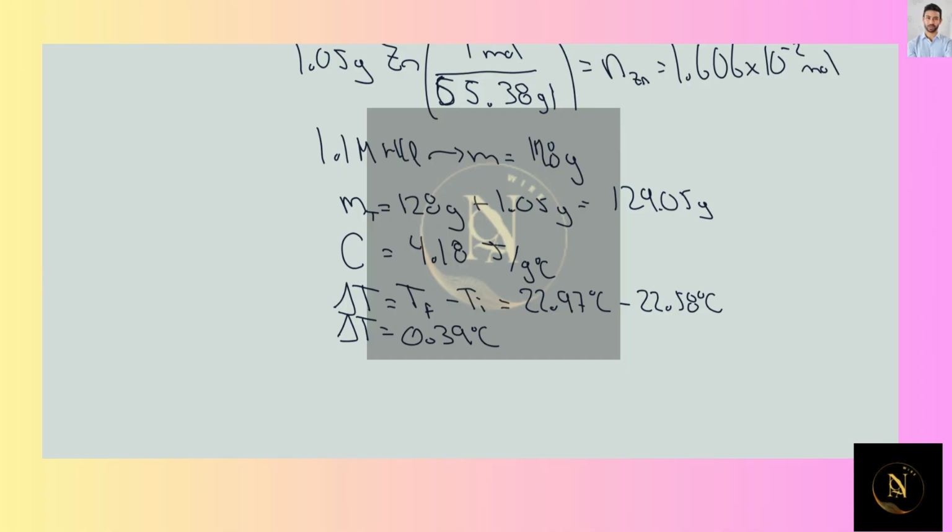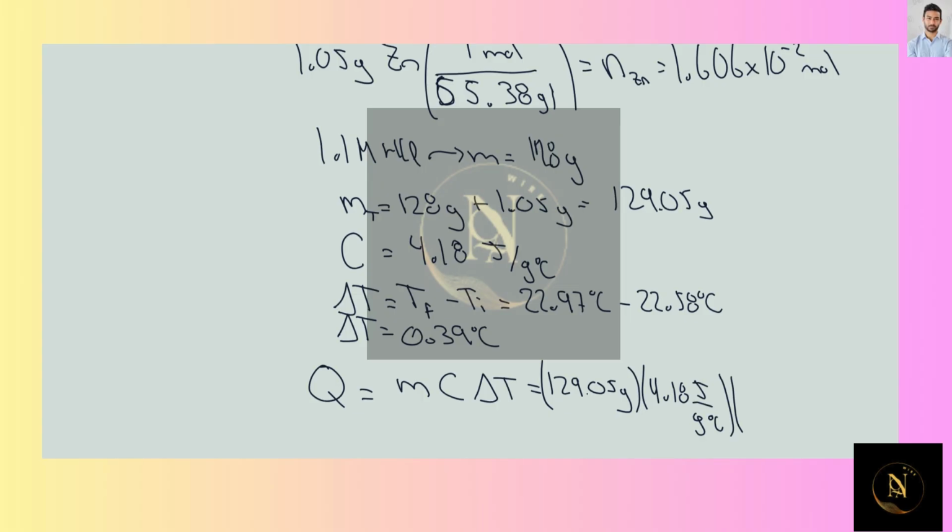So both of them are equivalent just in this case. In any other thermodynamics problem, always convert to Kelvin. Now, the amount of heat transferred due to this reaction is going to be equal to mass times heat capacity times delta T. The mass is 129.05 grams times my heat capacity, 4.18 joules per gram degree Celsius, times delta T, that is 0.39 degrees Celsius.